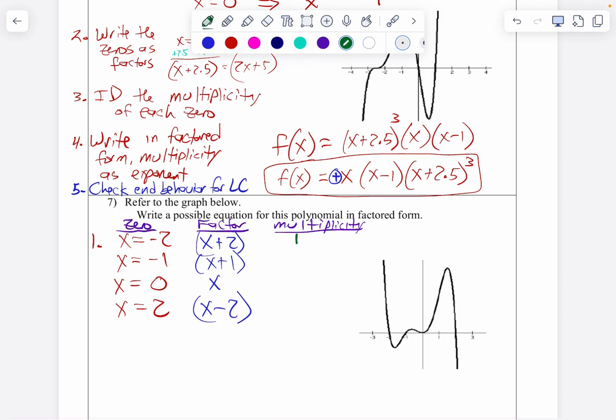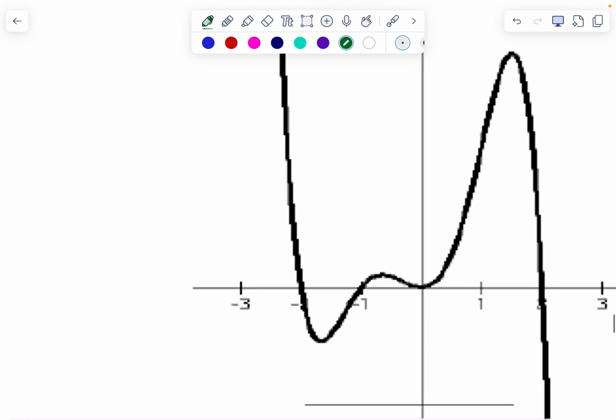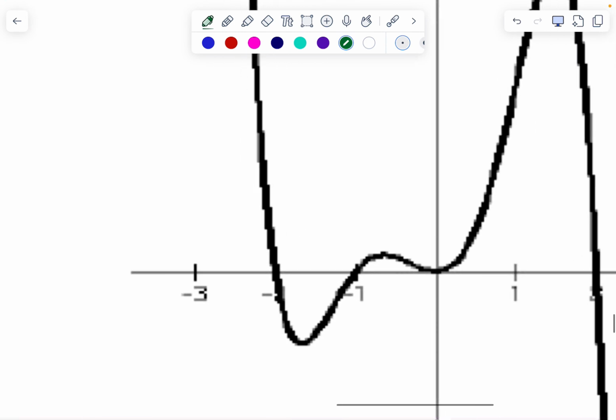This one's a little tricky, Alex, by the way. I'm changing what we talked about. If you look really close, it does just pass straight through, then it curves. So it's not curving on the 0. Does that make sense? If it was going to do that, it would look something like this.